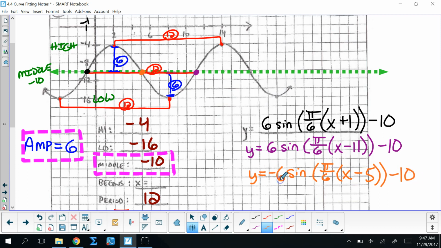This would become negative. My amplitude would become negative. Which point on the graph was that? Orange. They're color coded. Or I could make that one.